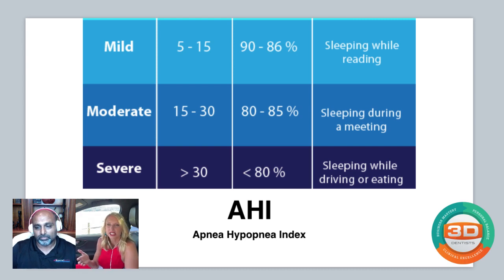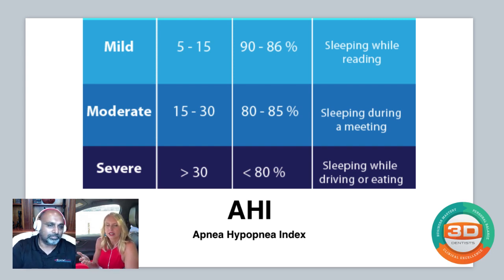But essentially, what a sleep test does is measure your airflow. In order to be an apneic event, your airflow needs to cease for at least 10 seconds, and your oxygen has to desaturate 3 or 4%, based on whether you're private insurance or Medicare insurance. And that gives us a number.